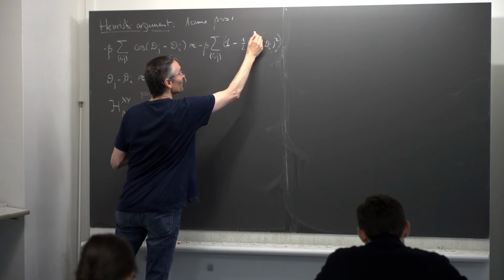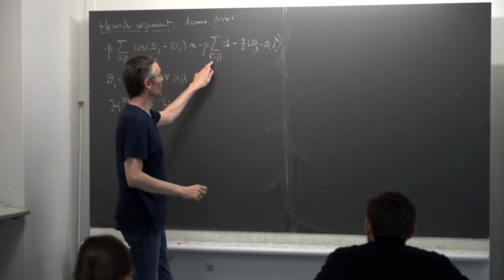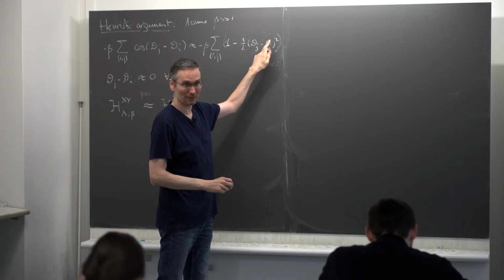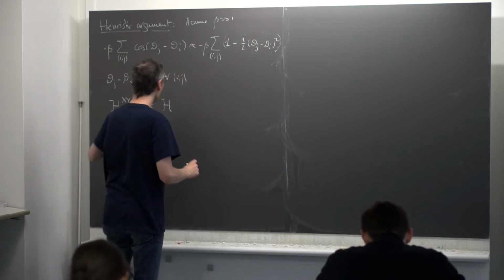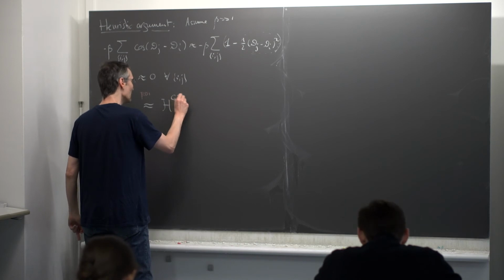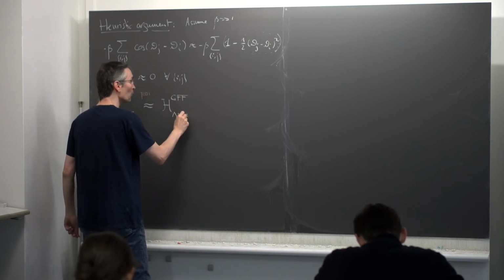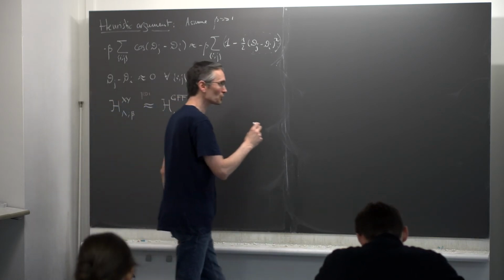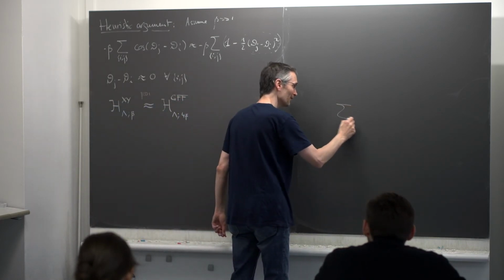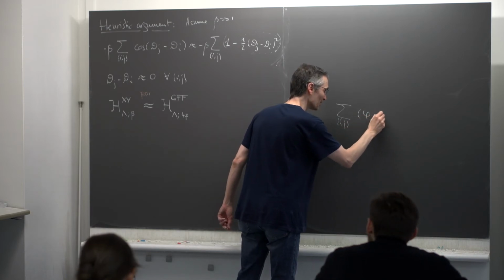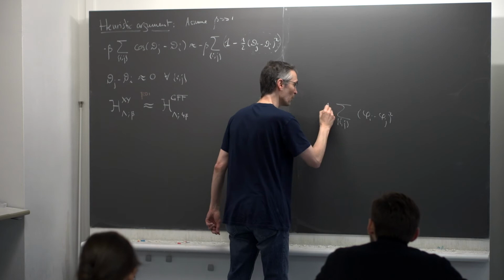The term that you have here, the sum over neighbors of the difference squared, is exactly the type of term we have in the Hamiltonian of the Gaussian free field. So it should be very similar to the Hamiltonian of the Gaussian free field in lambda at a temperature which is 4 beta. Why 4 beta? If you remember, in the Gaussian free field, in front of the sum of phi_i minus phi_j squared, I had a 1 over 4d.